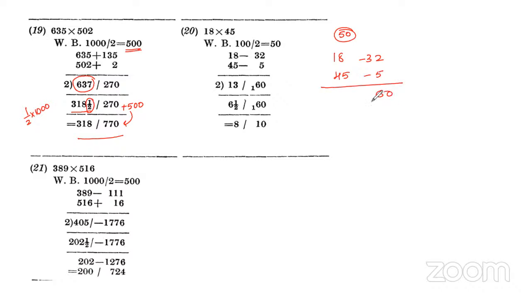So 50, and I am taking this is the half of the 100, means 2 digits will be fixed here. So let me fix the 2 digits here. And here it will be 13, half of 13. So that is 6 1/2 and 160 we are getting. Okay, right.